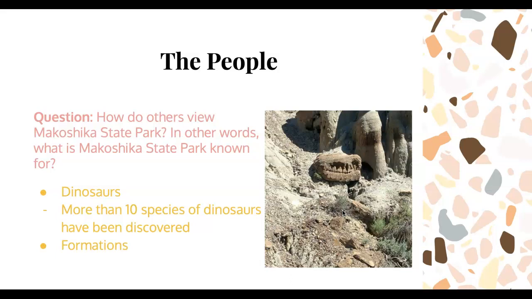A fun fact, quote, in 1889, a research associate of Professor Marsh rode a horse through the Makoshika Badlands and recorded 500 Triceratops skulls, end quote. How cool! Makoshika is also known for its land formations, as they are unique and all different.